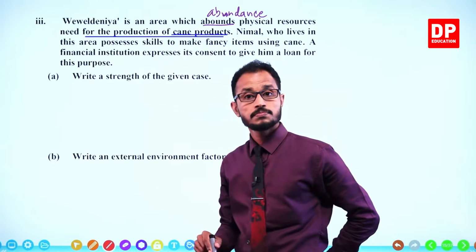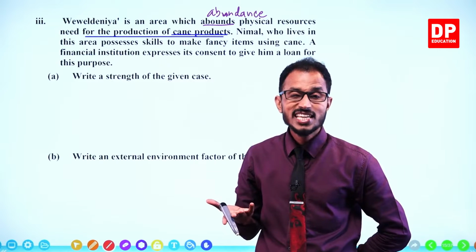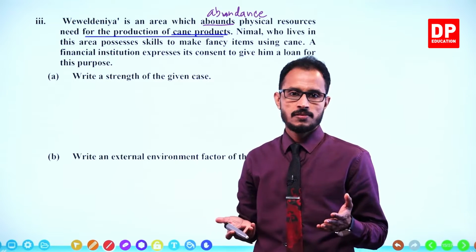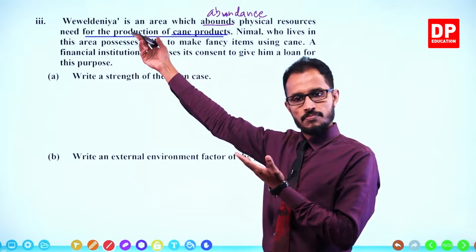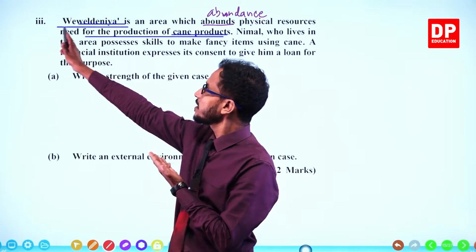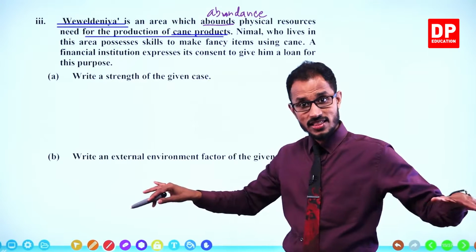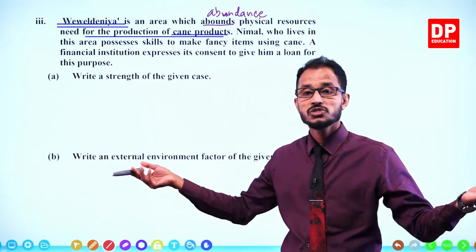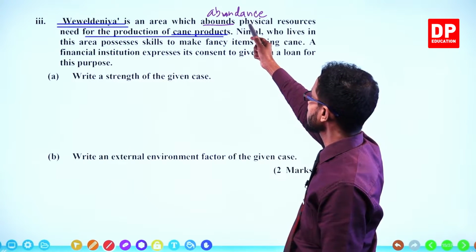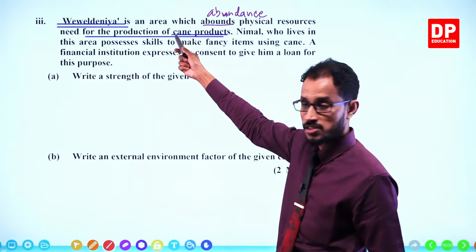You know what cane is? Yeah, you know what cane is. Wayval. Look at the name. The name is Valdenia. See? So the area is Valdenia, full of, having so much of Wayval, right? An area which is having abundance of physical resources needed for the production of cane products. Cane products means Wayval products, okay?